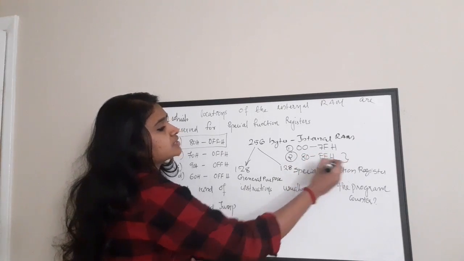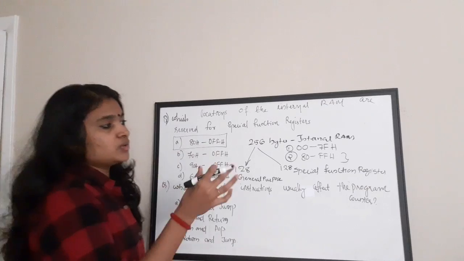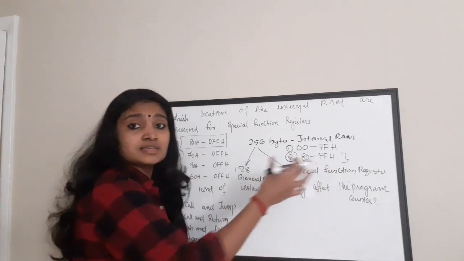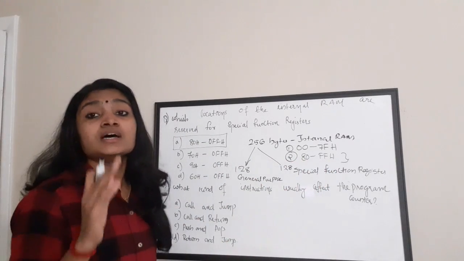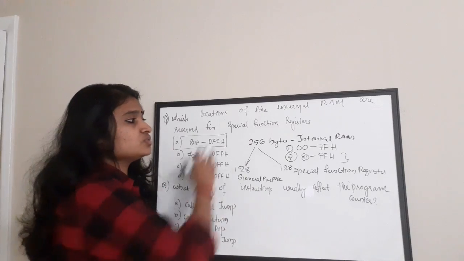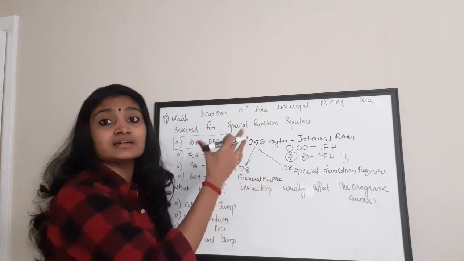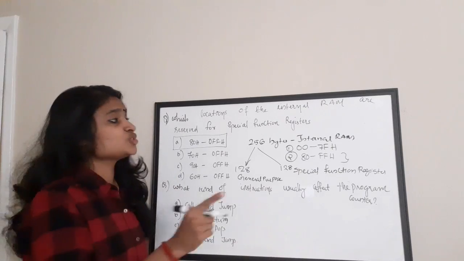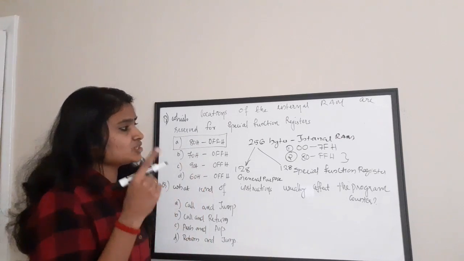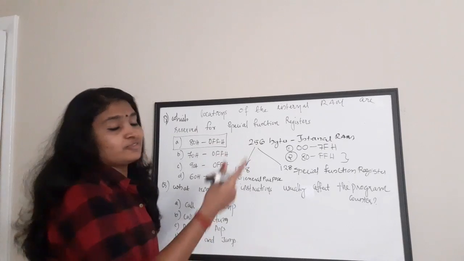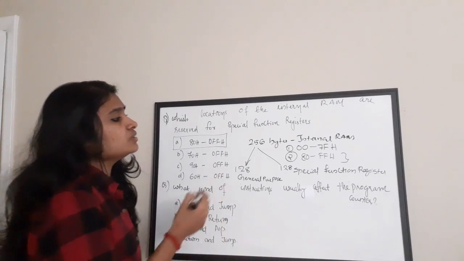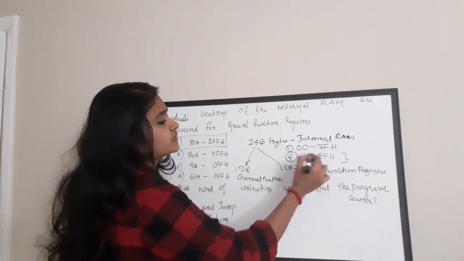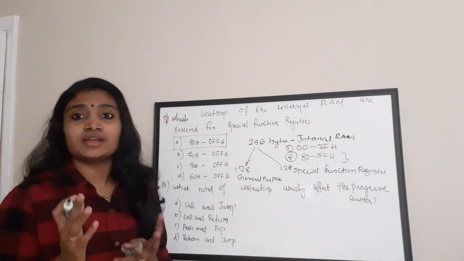So this is the memory location reserved for your special function registers, which has been asked in the question. This is an overview of the internal RAM of 8051. So the correct answer for this question is option A, which is 80H to FFH.